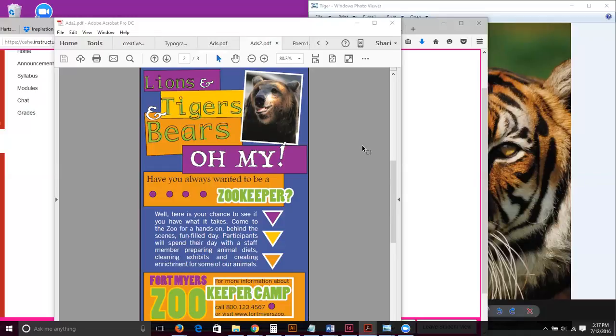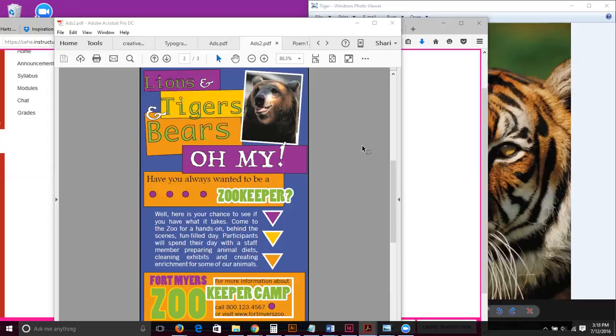The lighter text, like that's white. You got tigers and bears, and then you got oh my, and then you got zookeeper, and the zookeeper is outlined in white. Right. And that makes it stand out better. And then you've got the triangles that are outlined in white, and they are directing you down to the keeper camp. Yes, good.